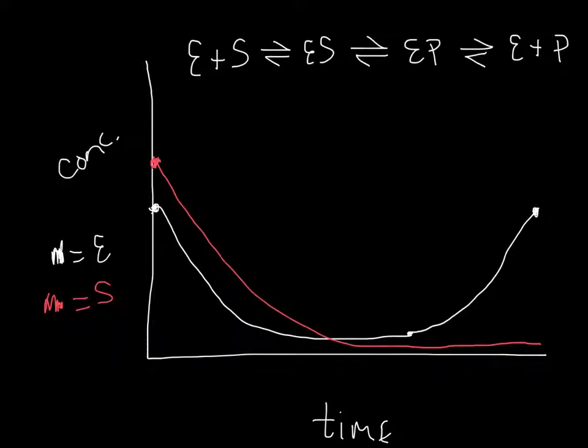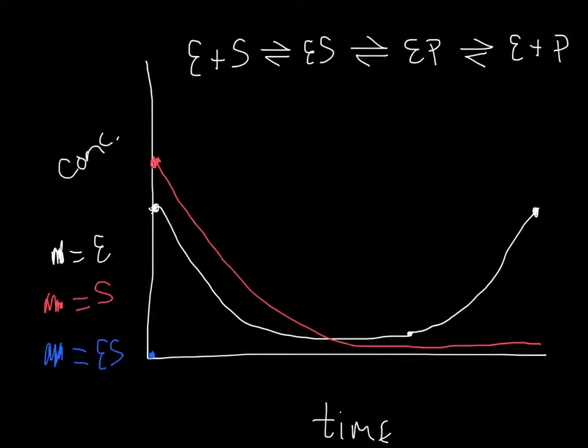And now in this color, I'm going to draw the concentration of the Michaelis complex. At time 0, what will the concentration be of the Michaelis complex? 0, because the reaction hasn't happened yet. So that one's an easy one. We can just start it down here. And what's going to happen to it with time?